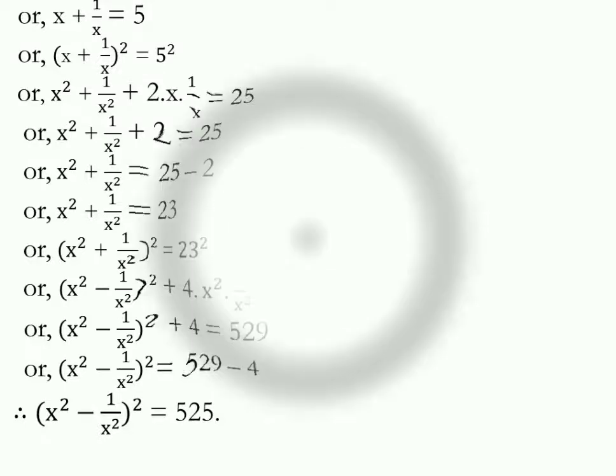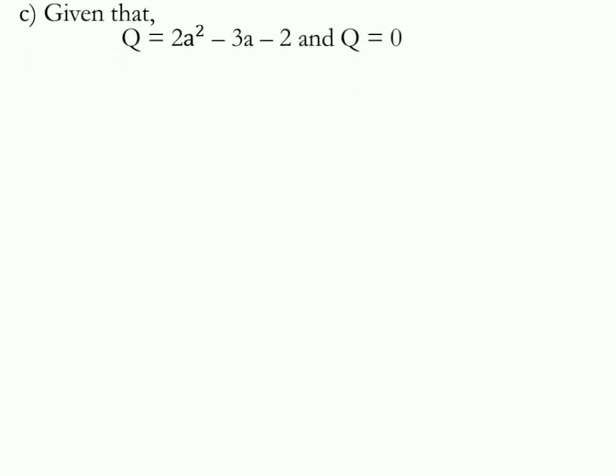Now for C, it is given that if q equals 0, then find the value of 8 into a cube minus 1 by a cube. At first we can write q, which in the question was given as 2a square minus 3a minus 2, and in question C it is given q equals 0.